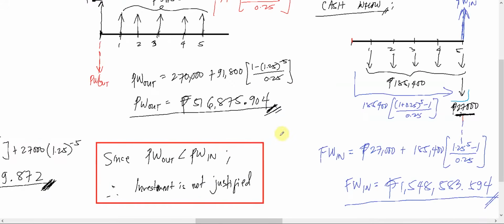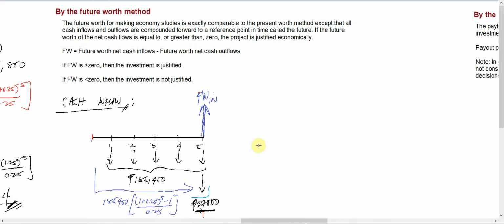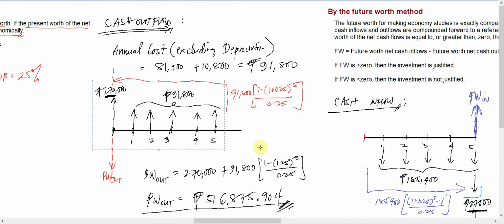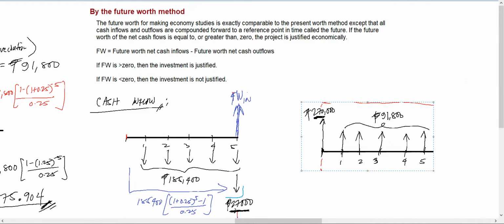Okay? Sa cash outflow, again, same lang din sila ng cash flow ni present worth. Ang pinagkaiba lang is future worth yung isosolve natin. Lagay natin cash outflow.